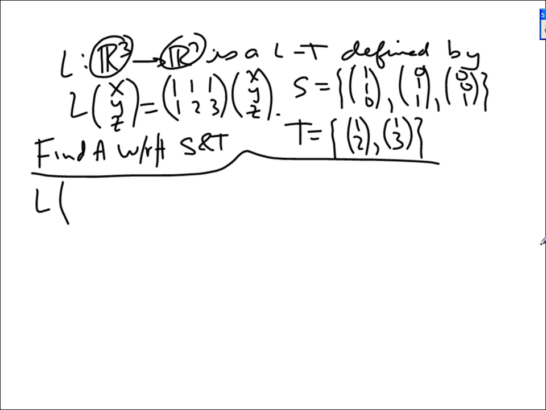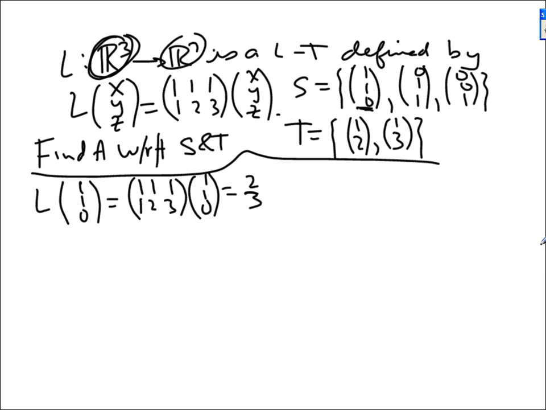So we find L of each vector in the given basis for R3. First we find L of 1, 1, 0. L of 1, 1, 0 is just this matrix times 1, 1, 0, which is 2, 3.